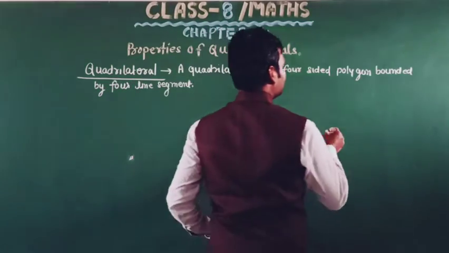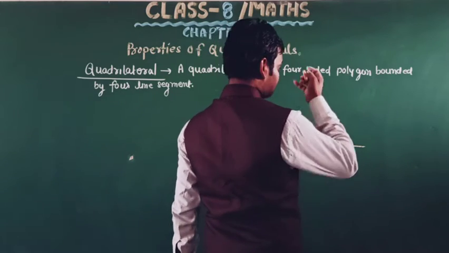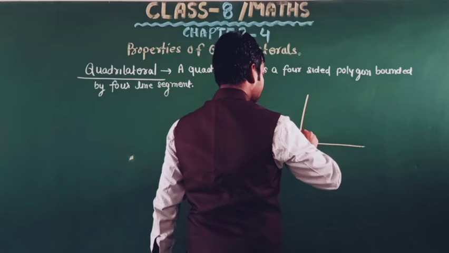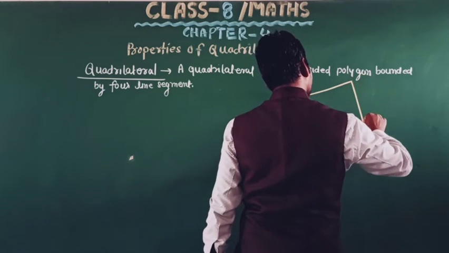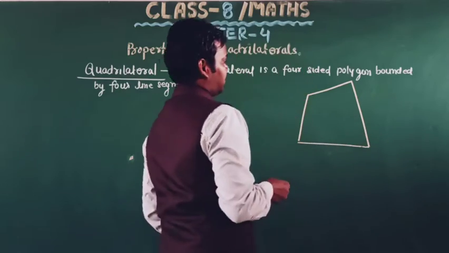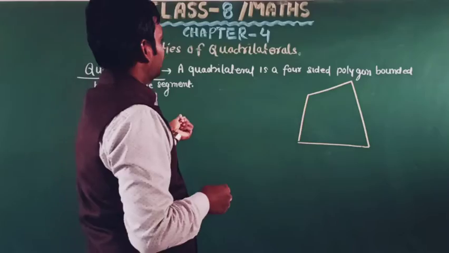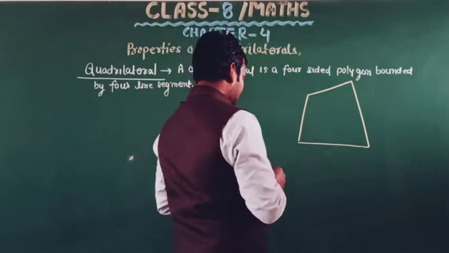So the figure we can make, this is a figure of a quadrilateral. This is a four-sided polygon bounded by four line segments.